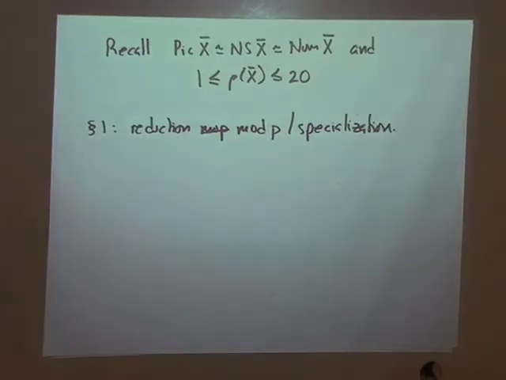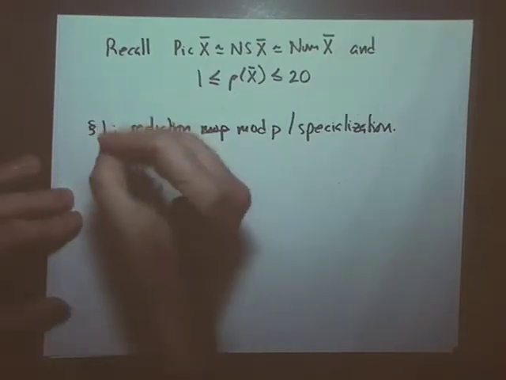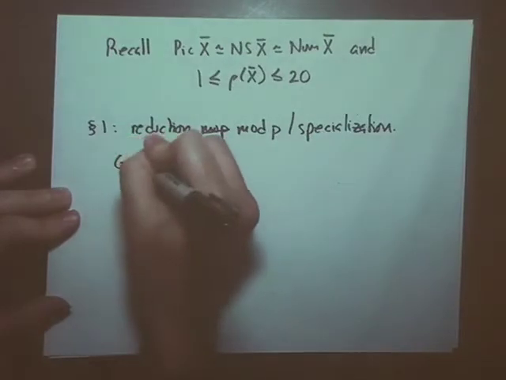Which is to say that if I have some prime of good reduction, what I want to do is reduce modulo that prime, and so end up with some surface over some finite field, and try to calculate the Picard rank of that and relate it to the Picard rank of the original K3 surface. So to do that, I have to just pause and make sure that we're all on the same page and review what good reduction means.